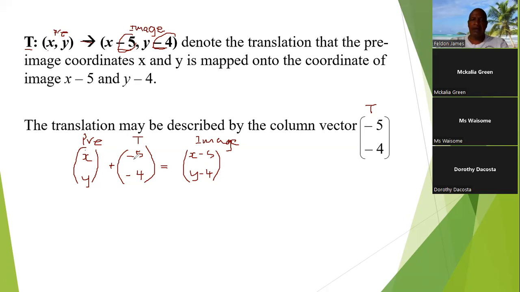Sometimes, instead of adding -5, -4, you could be adding a positive, like +3, +2, whatever the numbers are that you're adding to x and y. So it's not necessarily going to be adding a negative all the time. It can also be positive. All right, guys? I hope that is clear for you.